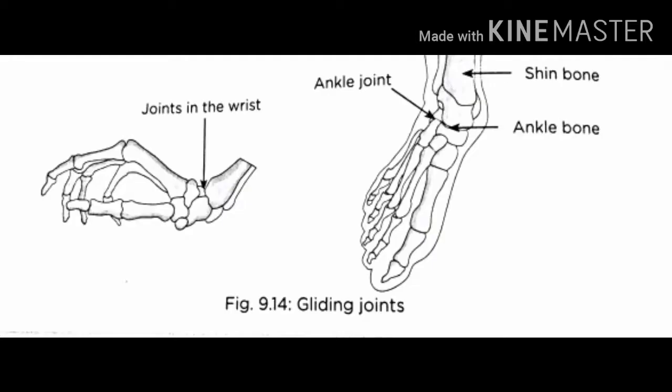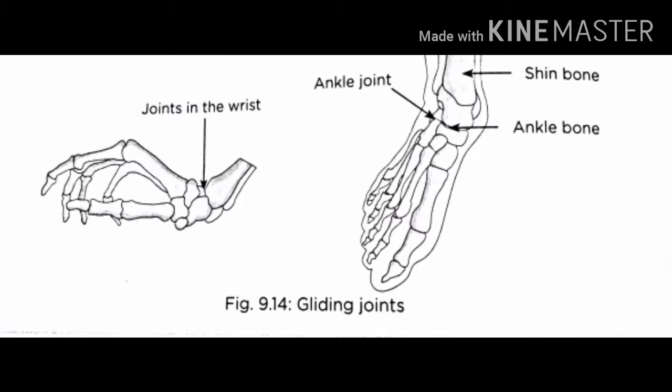Next we are going to see the gliding joint. These joints allow side to side as well as backward and forward movement.